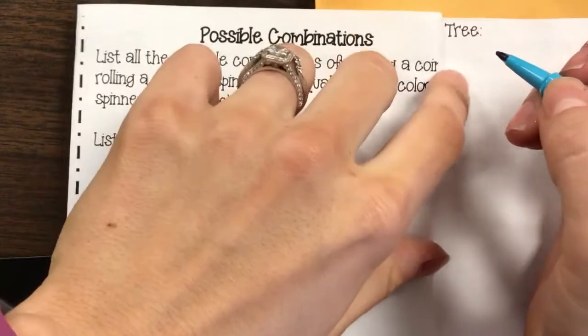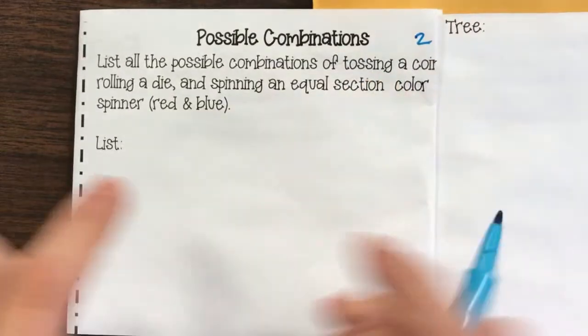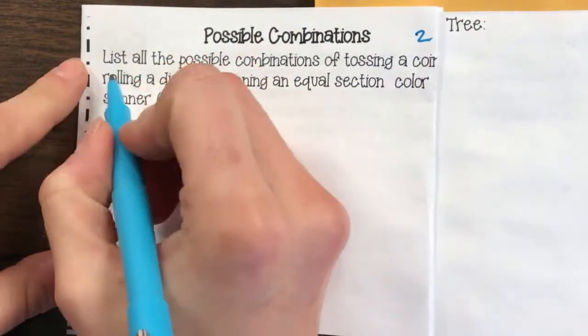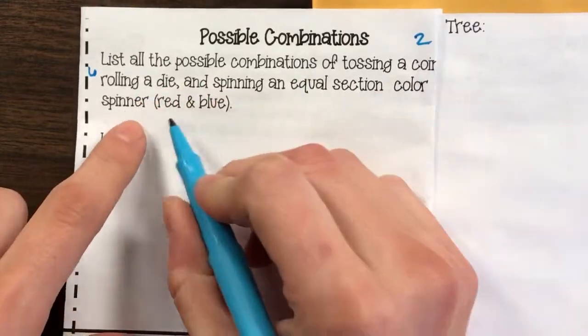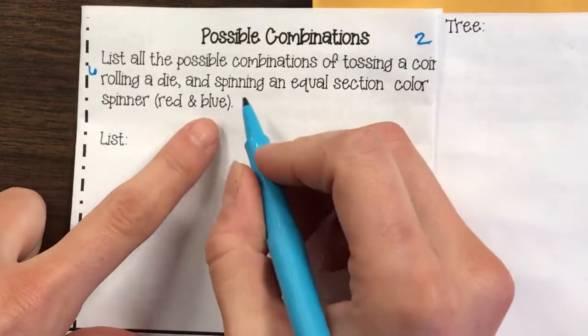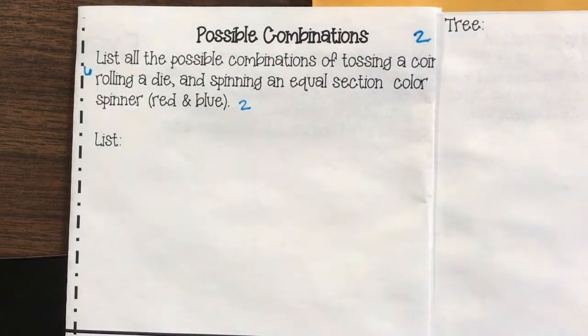How many sides are on a coin? Two, heads and tails. How many sides are on a dice? Six. And the spinner is just two colors. So we want to make a list, and we have to make sure every single option is there.